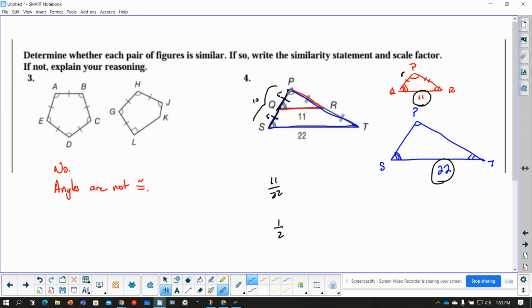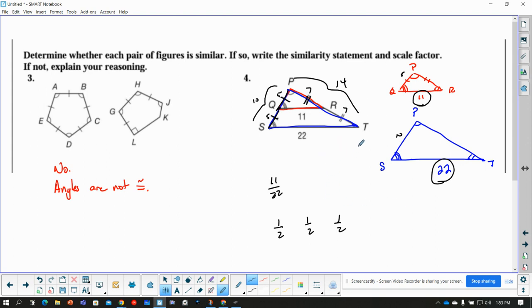No matter what number it is, whatever number it is, it's going to be twice as big here. Well, that's perfect because that's what we should expect. Same thing here. Maybe it's 7. I have no idea. But if it is 7, then the whole thing here is 14. Doesn't matter what number you pick, since it's the same here, the big triangle is going to be twice as big. Again, 1/2, right? 1 to 2.